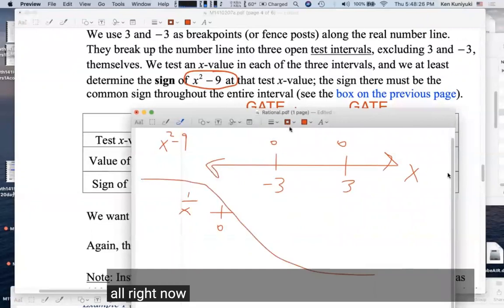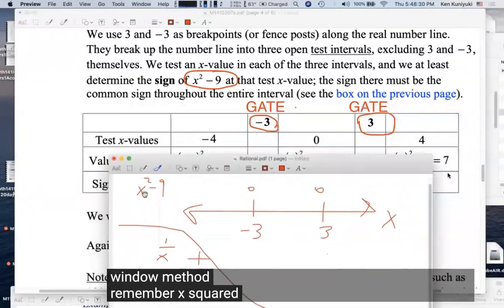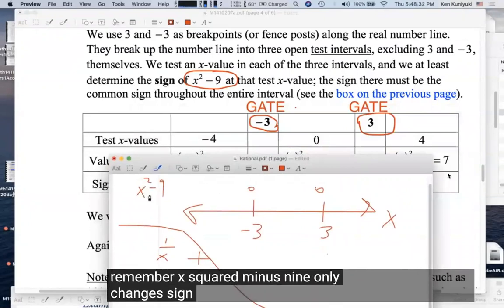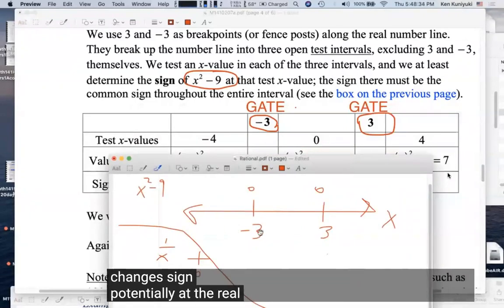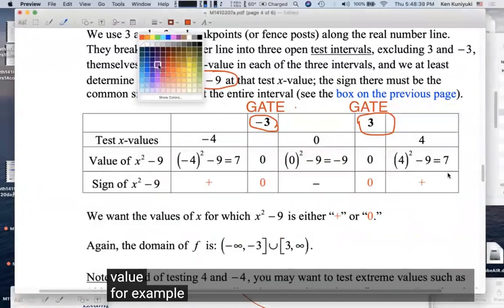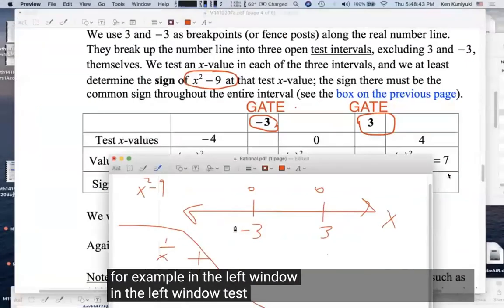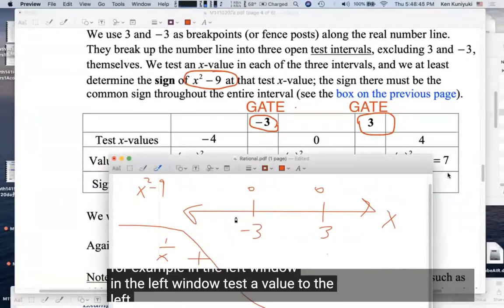All right. Now, in the test value or test window method, remember, x squared minus 9 only changes sign, potentially, at the real zeros. So test a value. For example, in the left window, test a value to the left of -3.